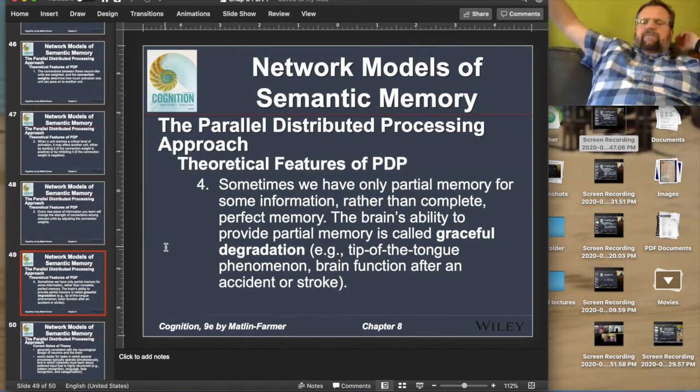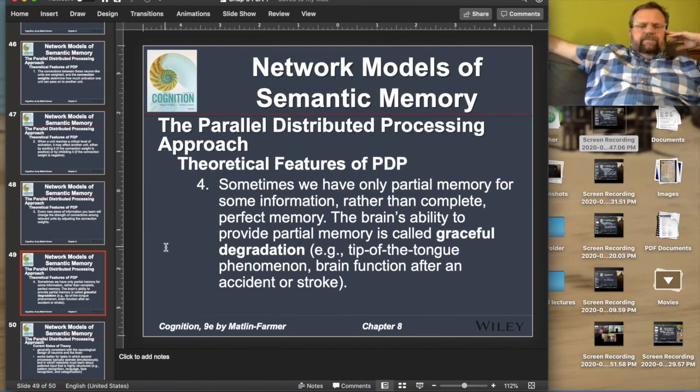So sometimes we only have partial memory for some information rather than a complete and perfect memory. We've talked about this a lot throughout the class: memory is not perfect. Memory is not fully objective. Memory fades for a variety of reasons. And what the parallel distributed processing model gives us is reasons for why memory can sometimes be partial, or why memories can sometimes fade.